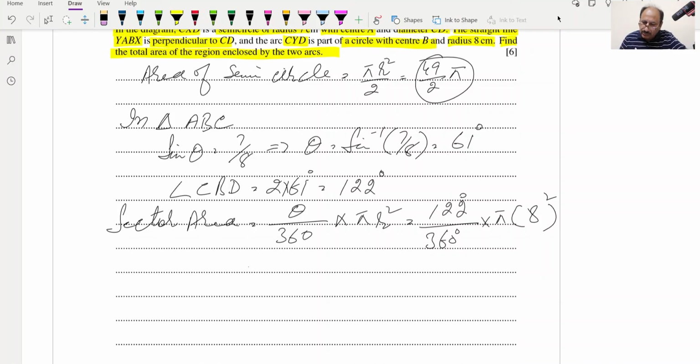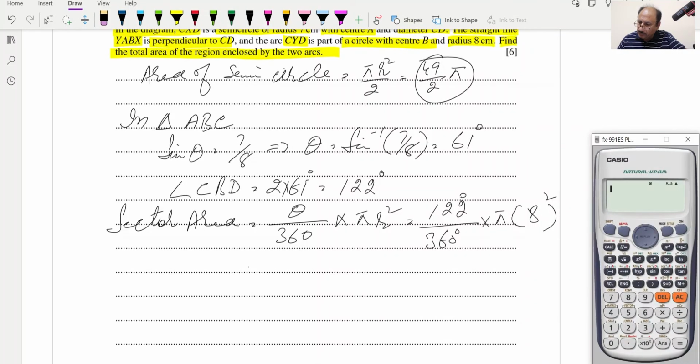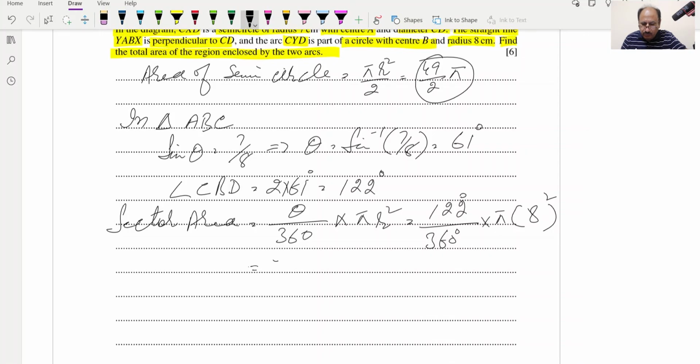We can calculate the answer in terms of pi. With the help of a calculator, 122 over 360 multiplied by 64 gives 21.69 pi.